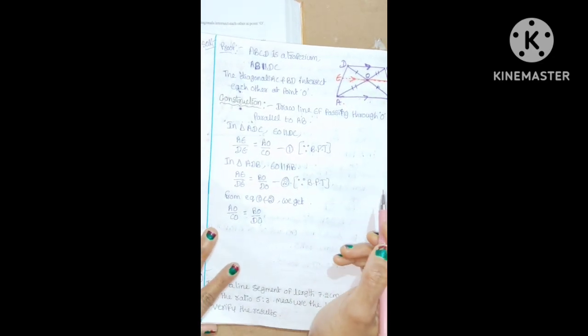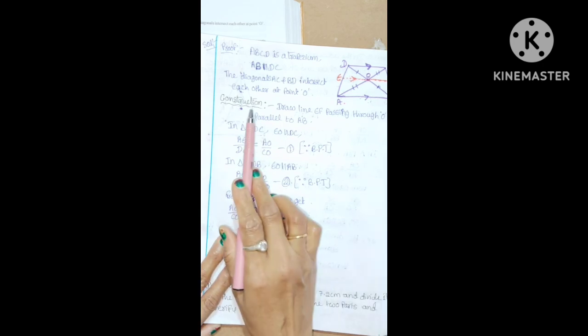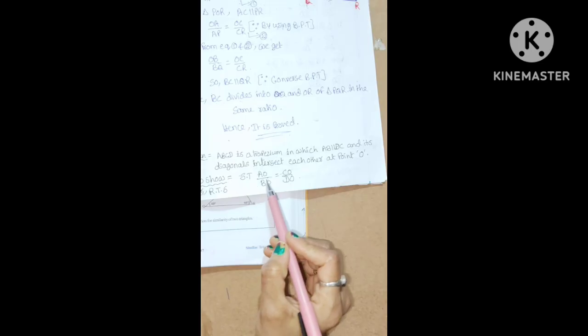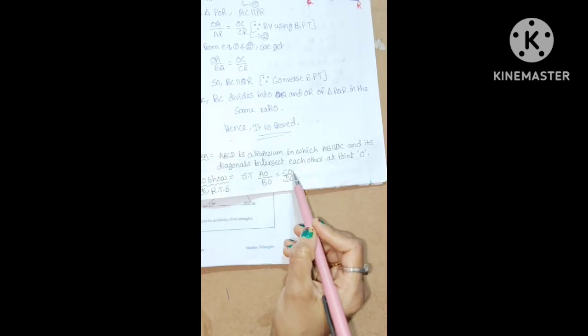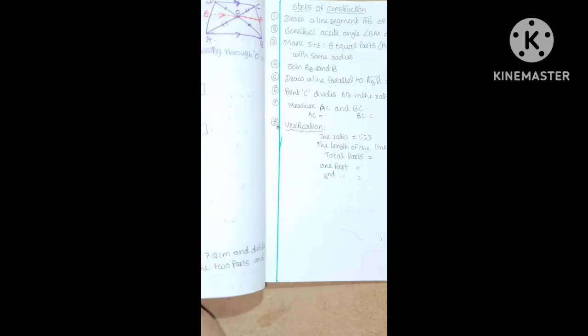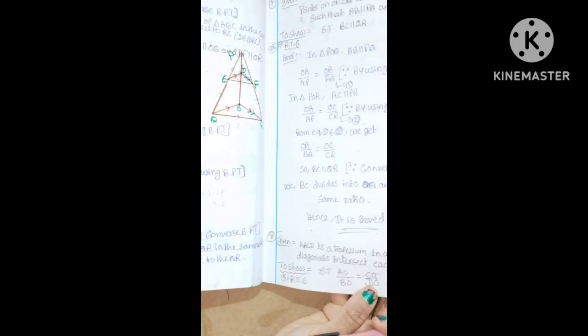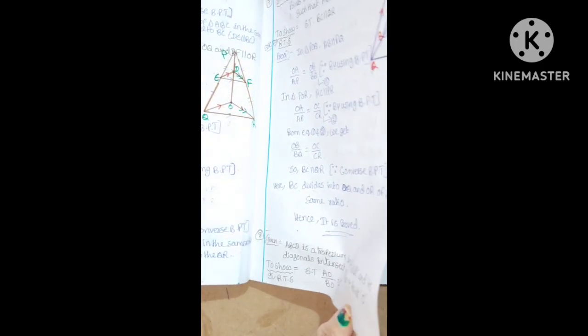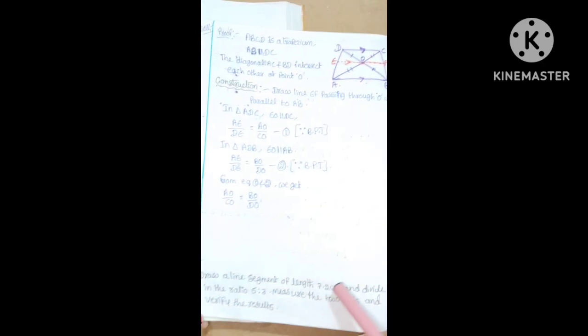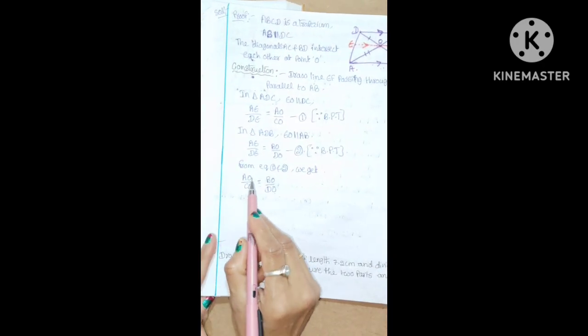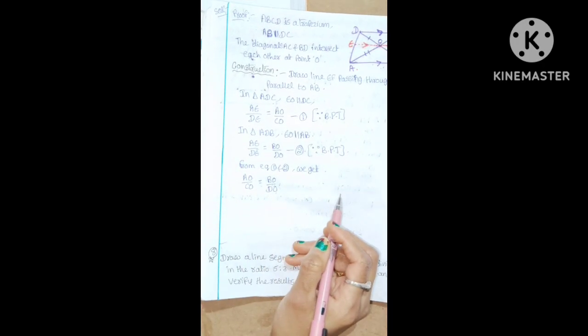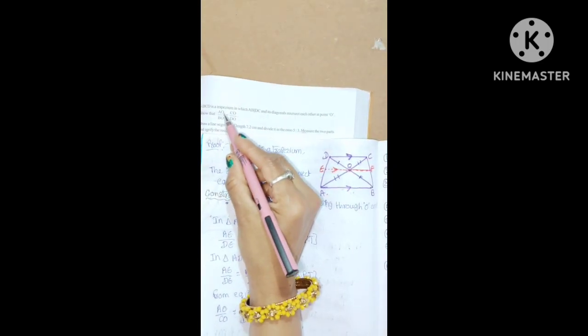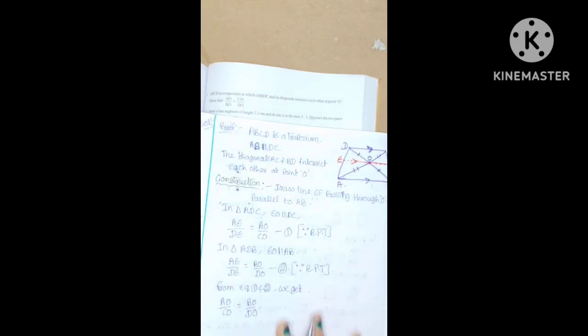So here what we want to show is AO by BO equals CO by DO. But what we get here is AO by CO equals BO by DO. In the given question, we have to show AO by BO equals CO by DO.